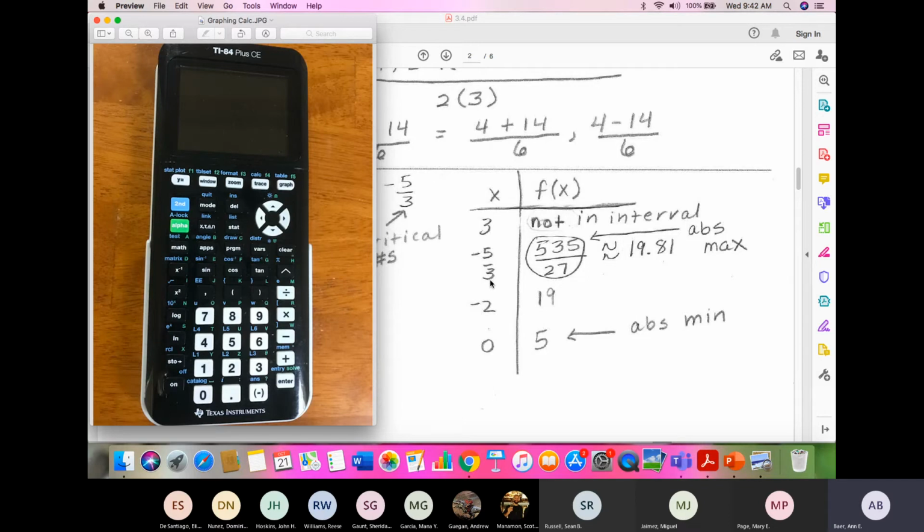It's math in the first column, followed by enter, enter. And that gave me 535/27. That's the answer MyLab Math wants. The only reason I did this is because I wanted to compare to see what indeed was the absolute maximum.